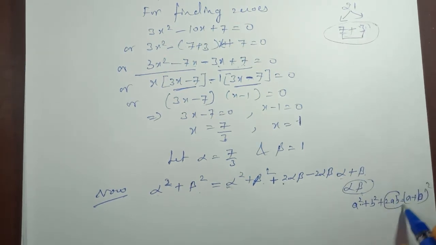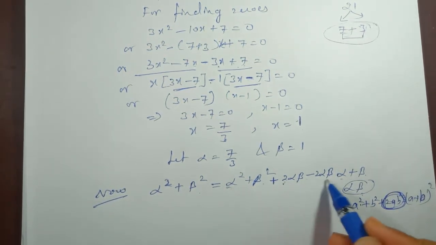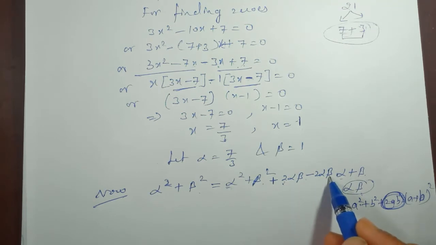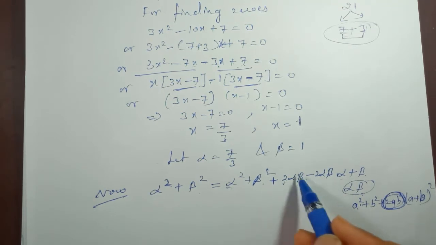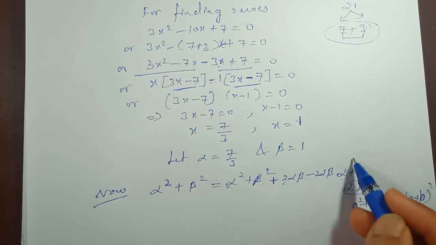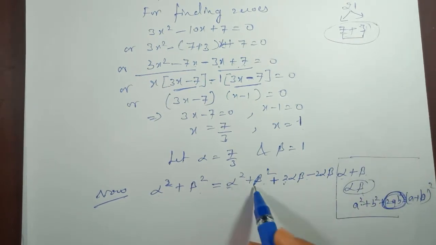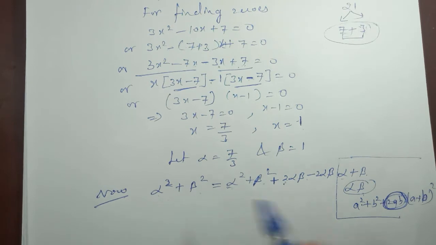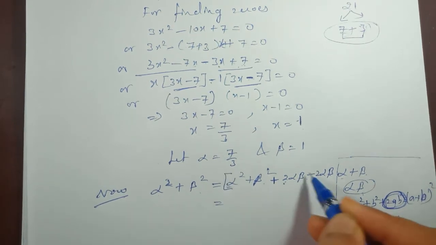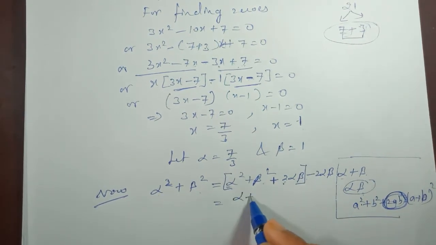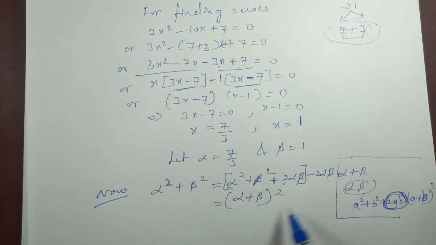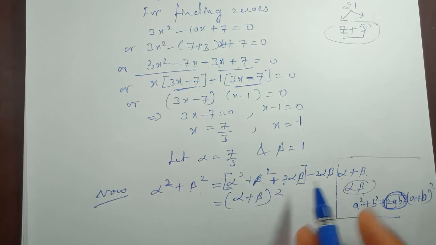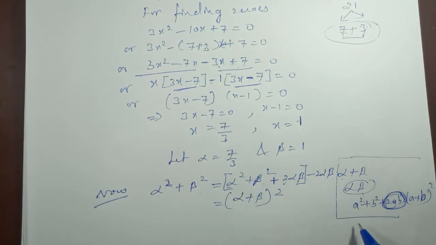We add 2 alpha beta and minus 2 alpha beta with opposite signs, and when we cancel these two we get the same alpha square plus beta square. Combining, we get (alpha plus beta) whole square minus 2 alpha beta.